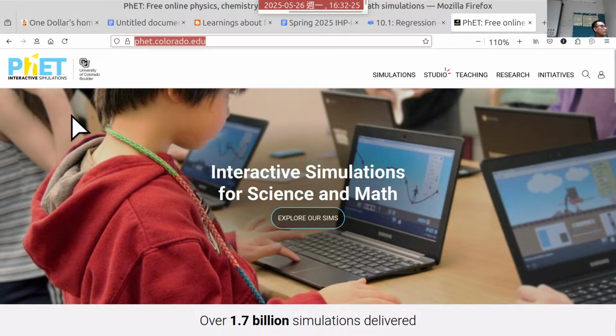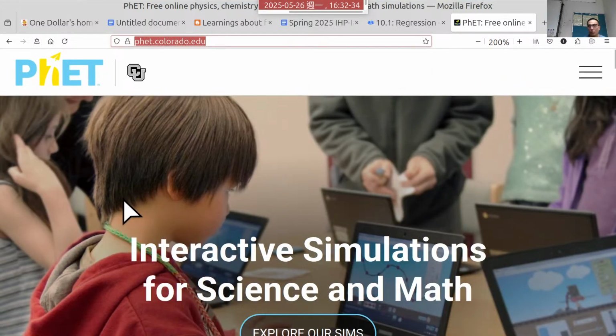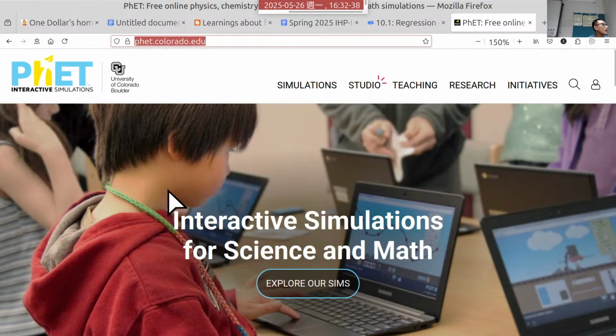About PhET, it's interactive simulations. Actually, it is very unusual because those simulations, or the software, were created by the University of Colorado Boulder, and the person, his name is Dr. Carl Wieman.